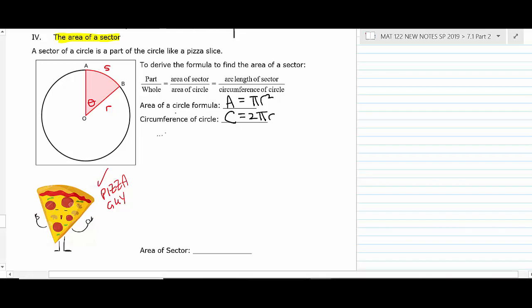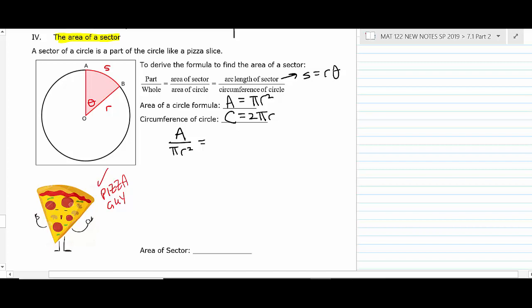Anyway, what we're going to do is set this up. The area of a sector is going to be A. That's what we're trying to find. The area of a circle is pi r squared. That's equal to the arc length of the sector. Well, the arc length of the sector is S, but S is equal to r theta.